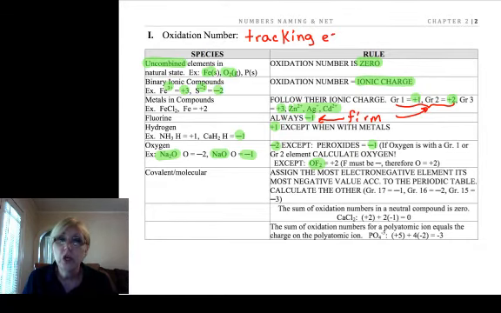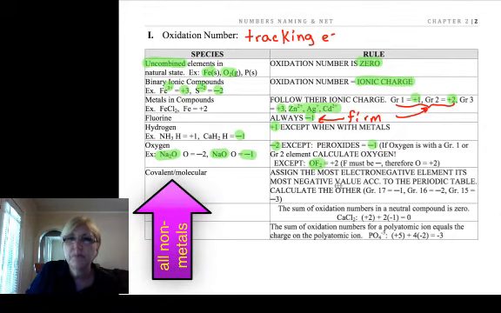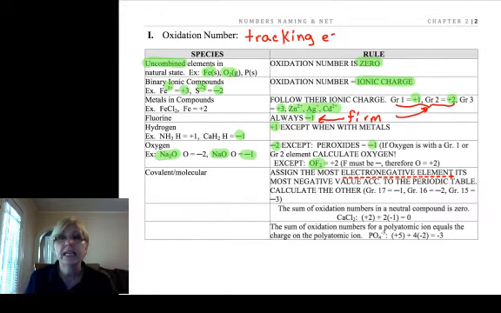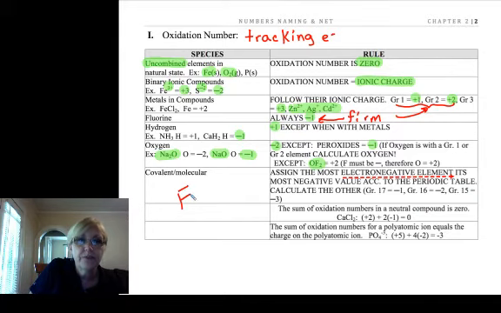Now, when it's covalent or molecular, what you're going to do is assign the most electronegative element the most electronegative charge that it can be according to the periodic table. That's its ionic charge, the anion that it would form. Now, how do you know what's the most electronegative? Well, move towards fluorine.